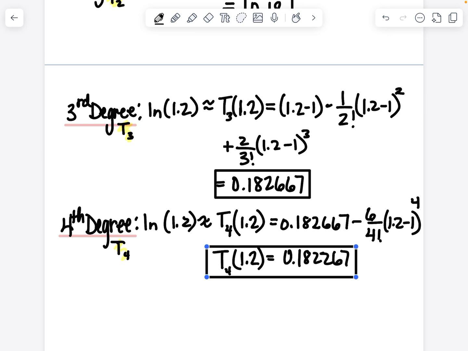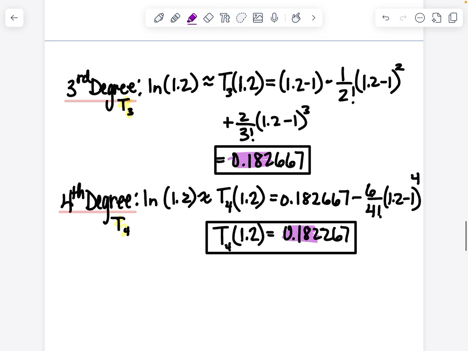Now once you see that it converges to 3 decimal places, that tells you which degree can be used to approximate within 3 digits. That's the other thing you can do, rather than looking at the remainder: you can look at it converging, and it will continue to converge just like that.